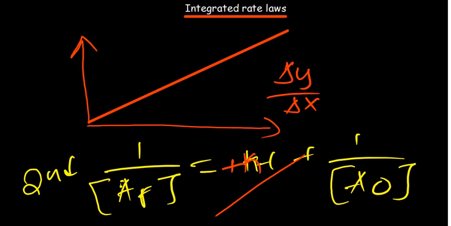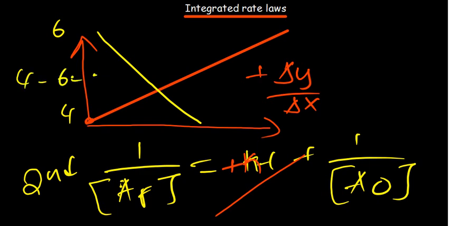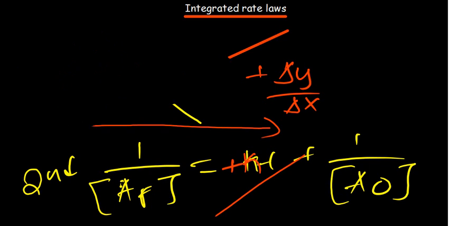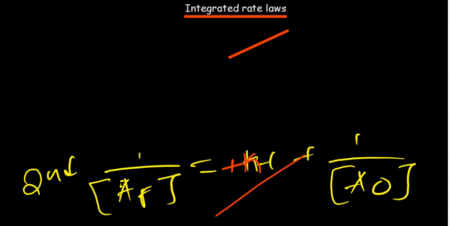So the value of y, the final one, is greater than the initial. So it's going to be positive. And then when it's going this side, like the other two, if you have a 6, for example, and then you have a 4 down there, 4 minus 6 will give you a negative. So it's a negative gradient. So that can help you remember that the second order is unique because the curve moves upward.